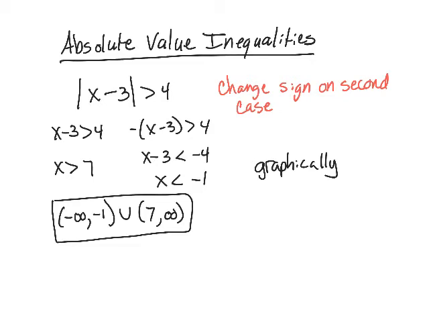Instead it would be y is less than the absolute value of x minus 3 minus 4. All I did was subtract the 4 to the other side, so the y would be on this side here. And then you can graph it and see what it looks like.